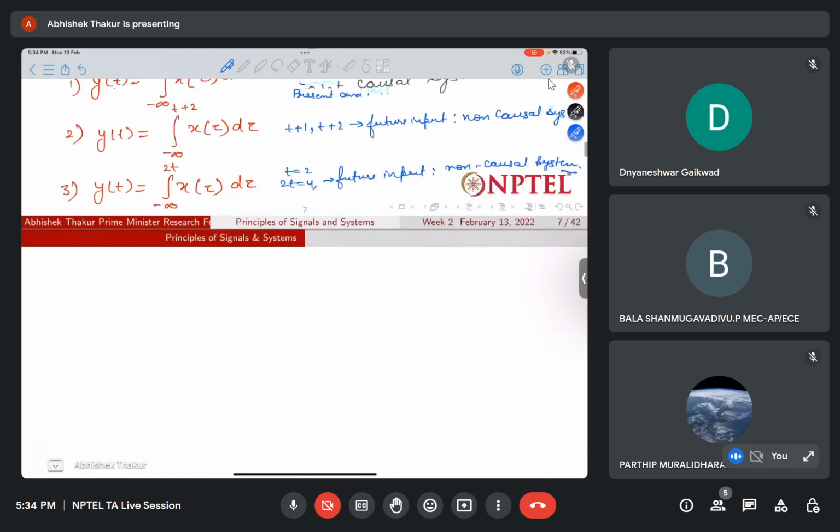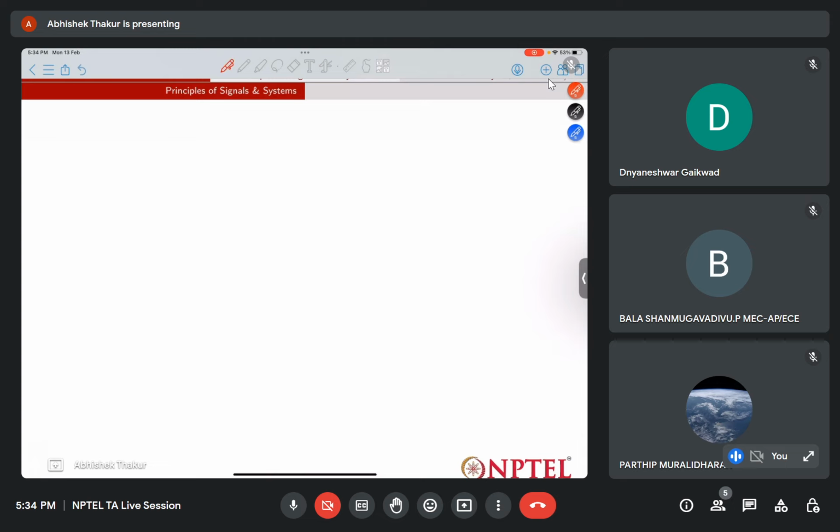So now we'll see something very important, that is stable and unstable systems. Today we are just solving examples based on the different types of systems. We have seen first linear and non-linear, after that time variant and time invariant, after that causal and non-causal.